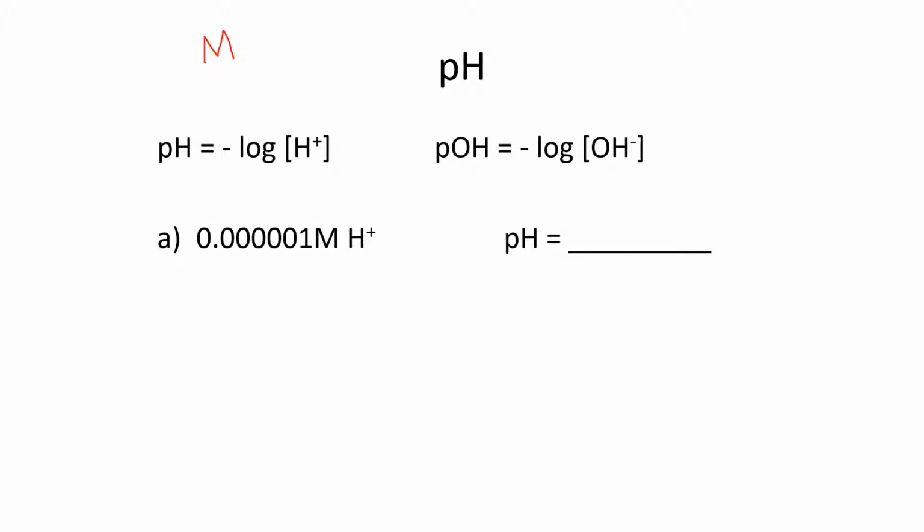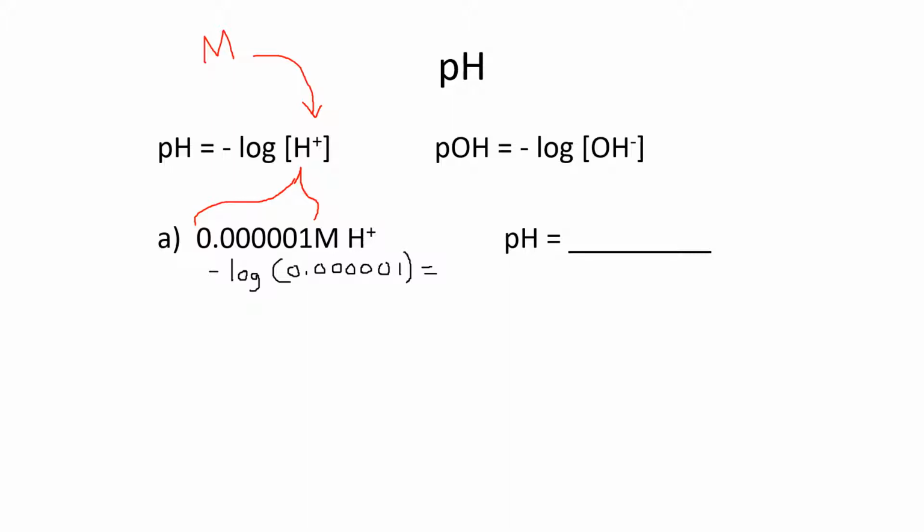So if you have brackets, that's the same thing as concentration in molarity, moles per liter. So we have this concentration, moles of acid, so we just plug it in. So plug this entire number in and you take the log of it.